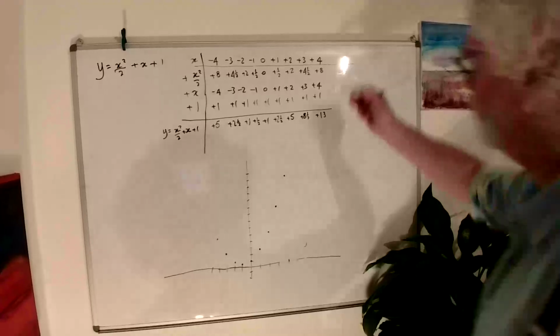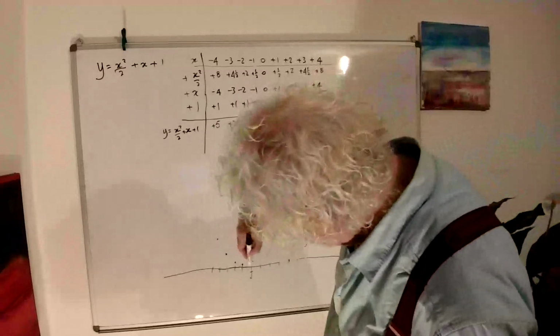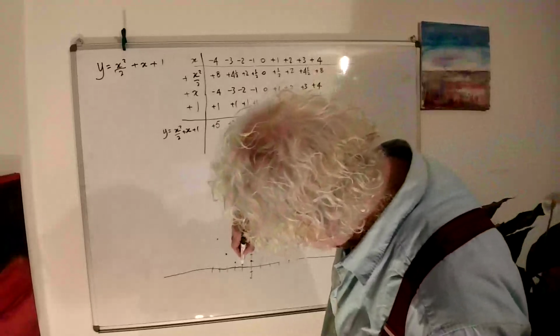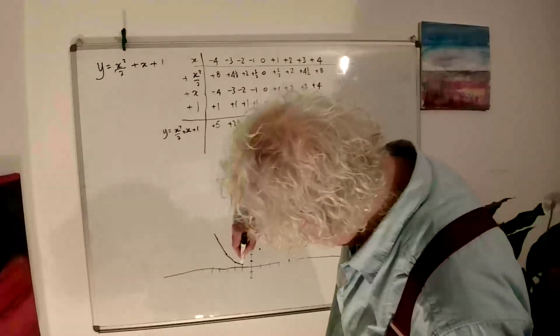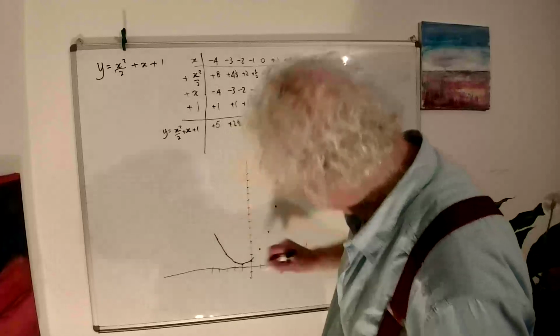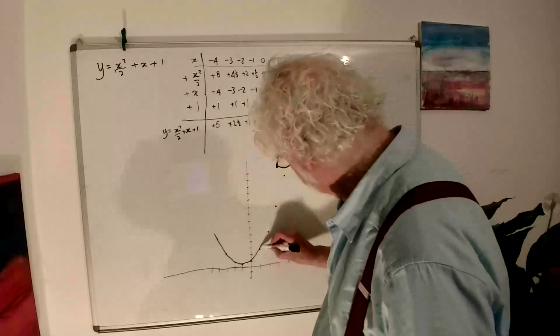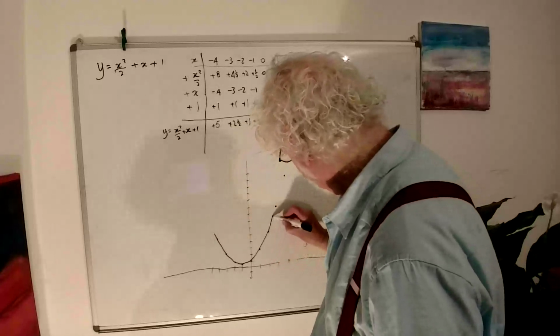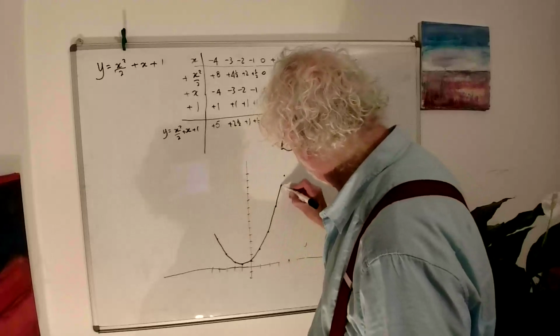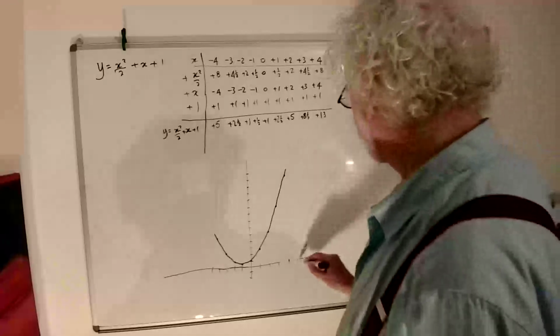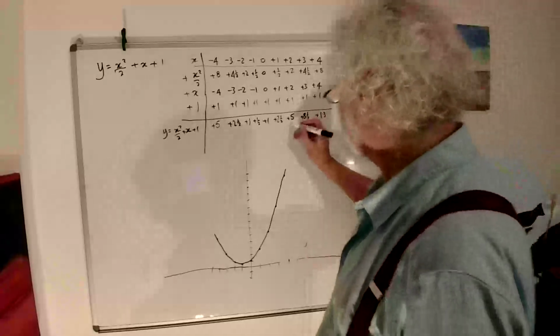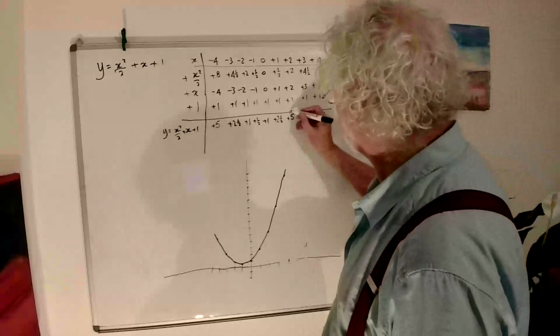So it doesn't go down to 0. This thing misses 0 and it goes up here. This parabola. And we can see that if we plot x equals 5, it would be up here somewhere. About there probably.